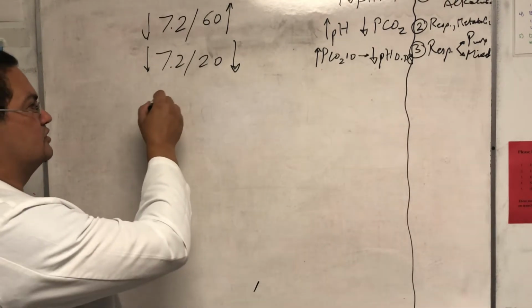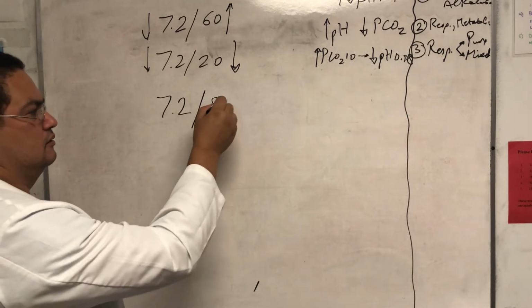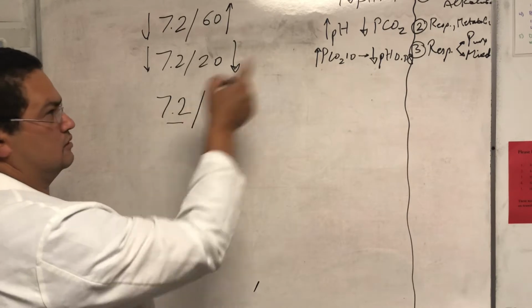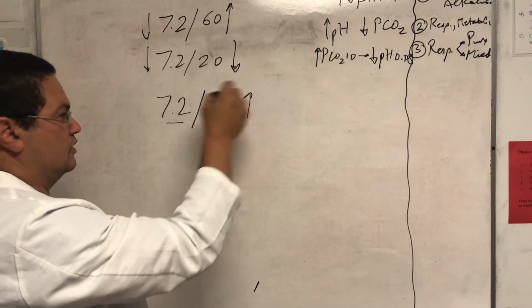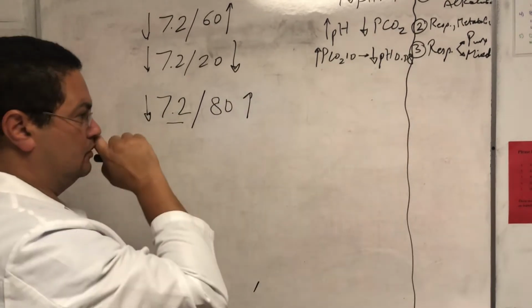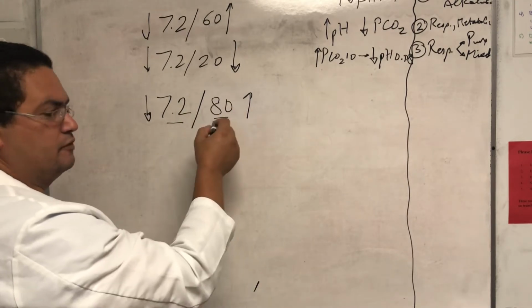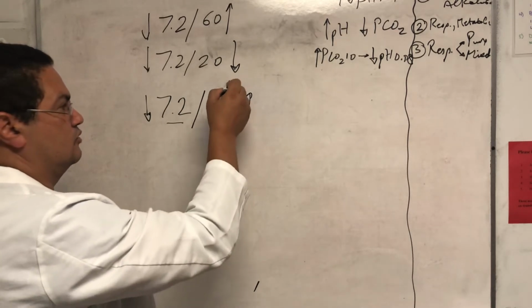So if I give you 7.2, 80, then what you do is say, okay, this is first step acidotic, respiratory, because this is going up and this is going down. And then the next step, because it's respiratory, we're going to do number 3, if it's pure or mixed. So this is a change of 40, right? So 4 times 0.08 is 0.32.